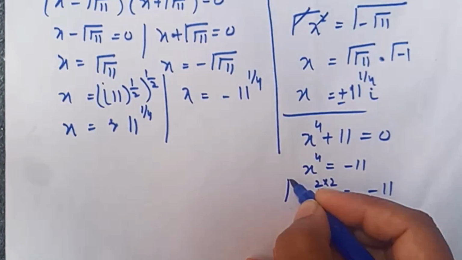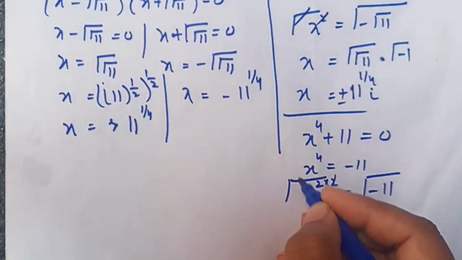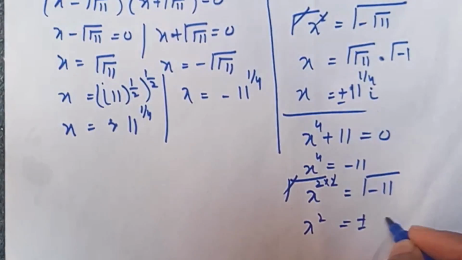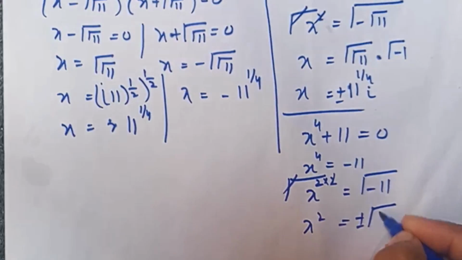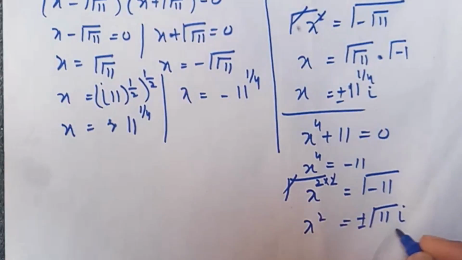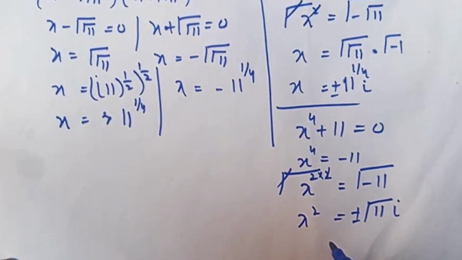So take a square root on this side and also take a square root on this side. So this square and square root will cancel. We just get x square is equal to plus minus square root of minus 11, and the square root of minus 1 is equal to iota. So we get plus minus square root 11 iota. We just find the value of x.